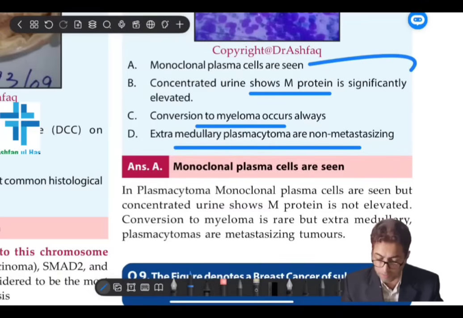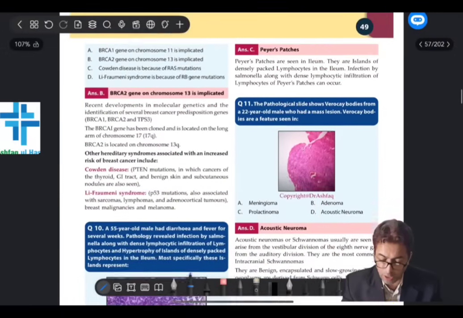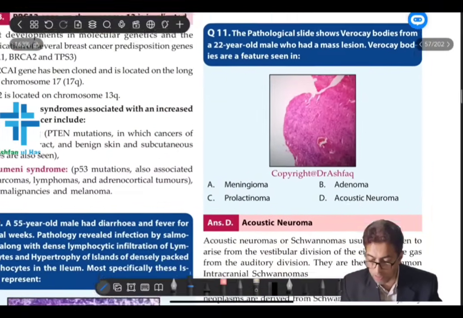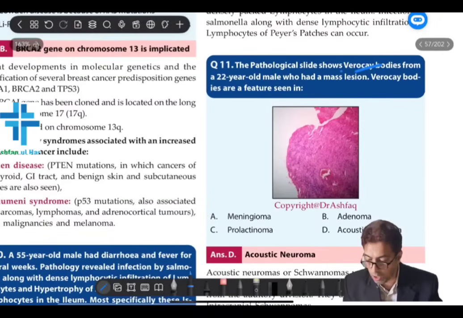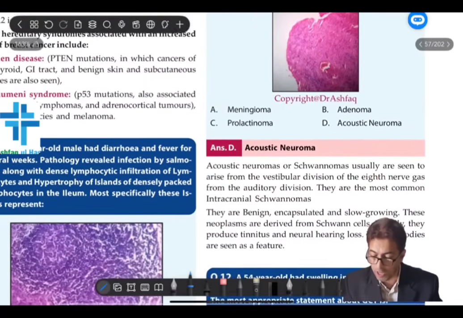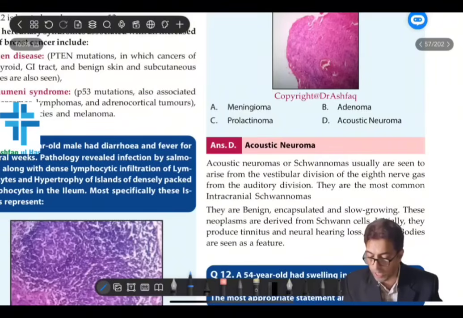As far as some of the other questions which have been asked in pathology, now this pathological slide shows Verocay bodies from a 22-year-old male who has a mass lesion. Verocay bodies are features seen in meningioma, prolactinoma, adenoma, and acoustic neuroma. So the correct answer here is the acoustic neuroma or the schwannoma.